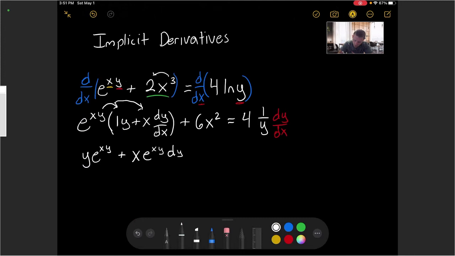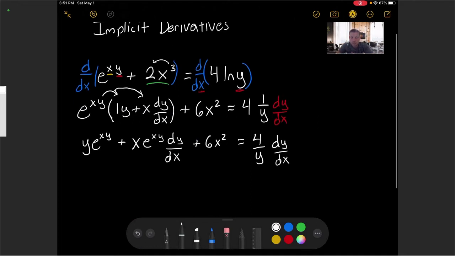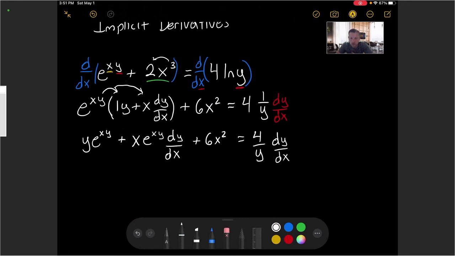So that's our first derivative term. Plus 6x squared. And then finally, we'll have equals 4 over y dy/dx. So we have 2 non-derivative terms and 2 derivative terms I'll work with.